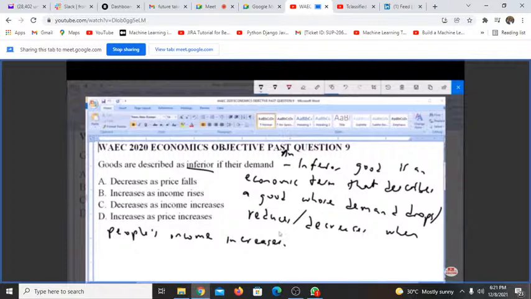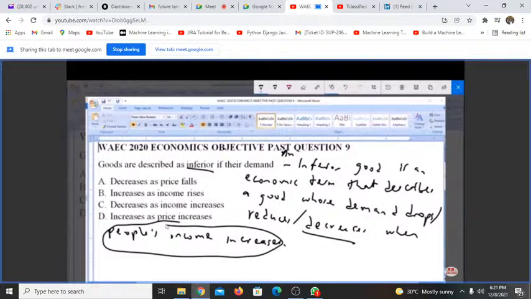Now, if the demand of a good decreases when people's income is increasing, then that good is said to be inferior.